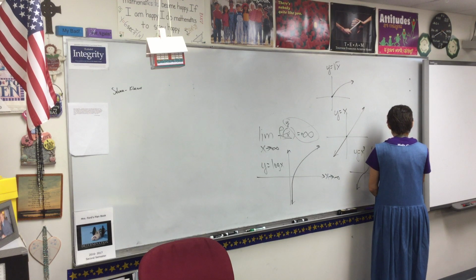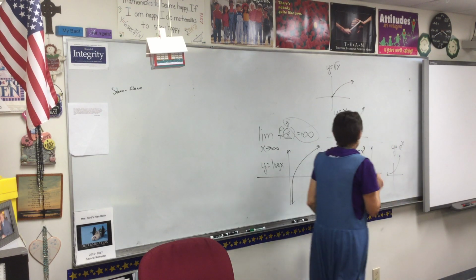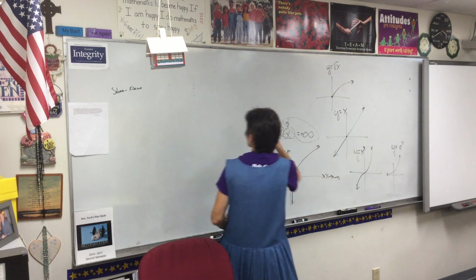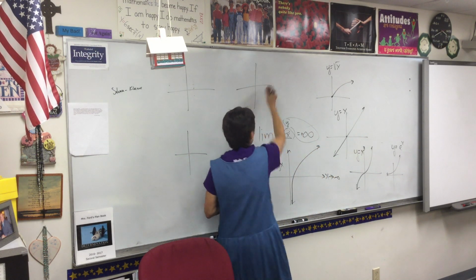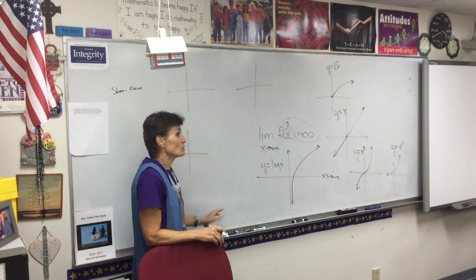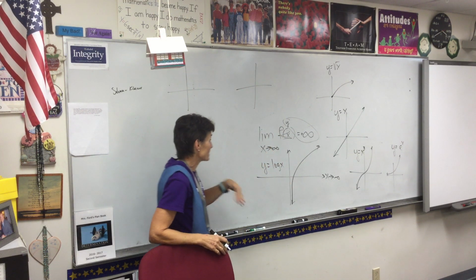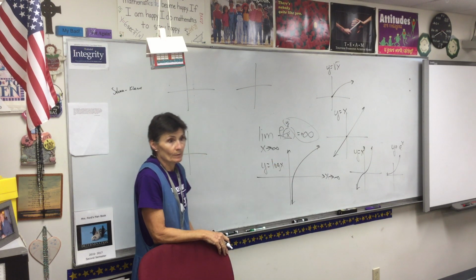So that's 1, 2, 3, 4, 5 of them. I need 6, 7, 8. I need 3 more. Because we're supposed to be finding the 4 that don't, but instead we're finding the 8 that do.